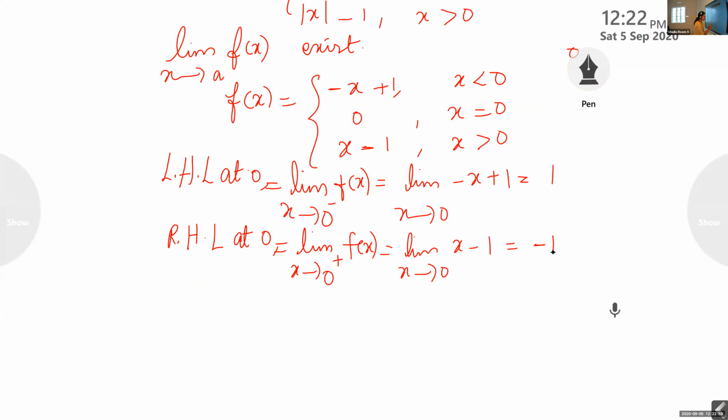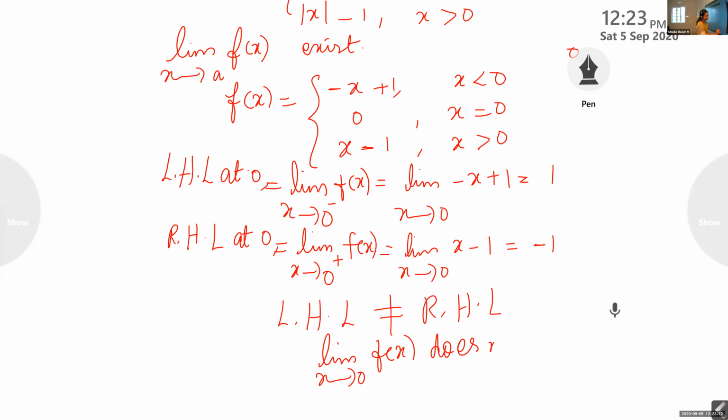So we will get left hand limit is not equal to right hand limit. So limit x tending to 0 of f of x does not exist. So at x equal to 0, limit does not exist. So limit exists for all the real numbers except 0.